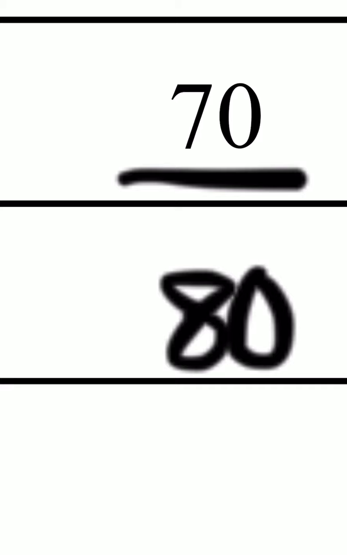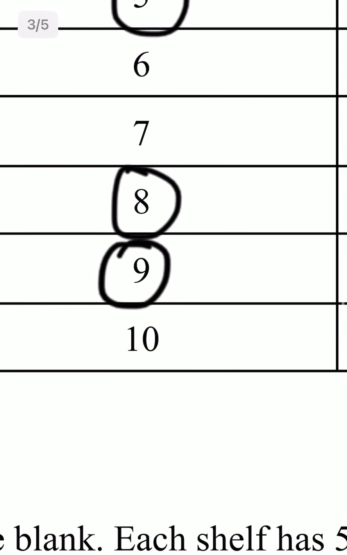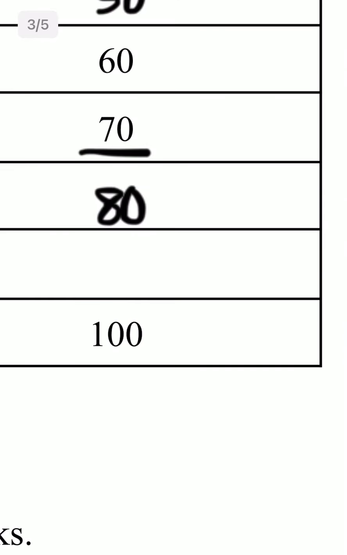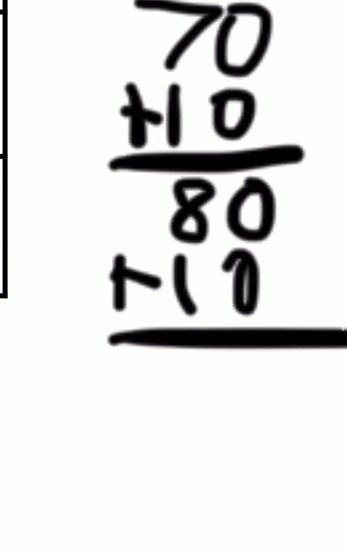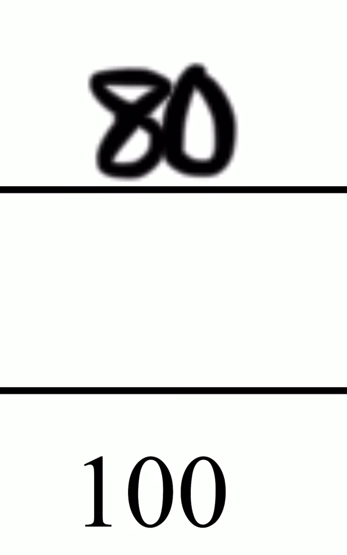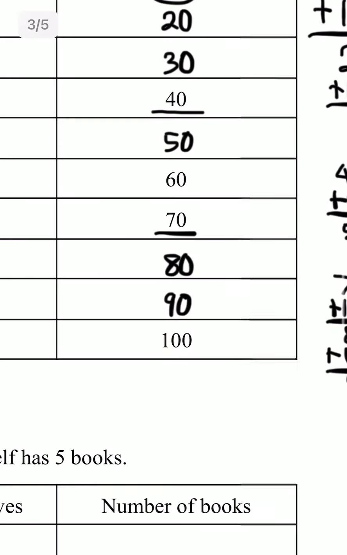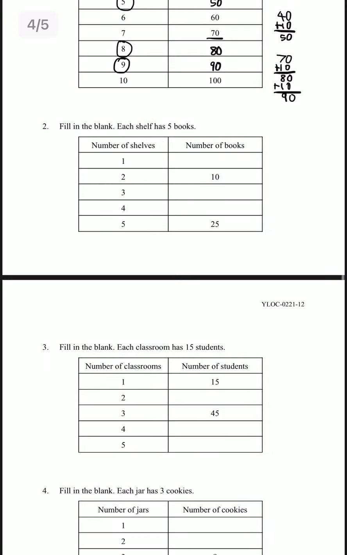So it's 80, and lastly, we need to add 10 to 80. So 0 plus 0 is 0, and 8 plus 1 is 9. So 90 is the last answer. Let's move on to the next page.